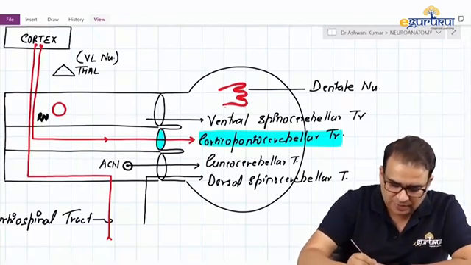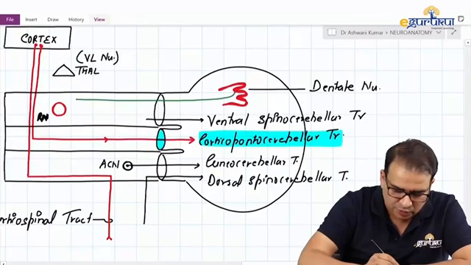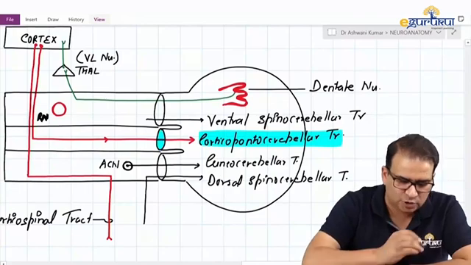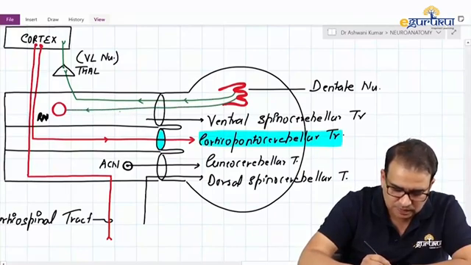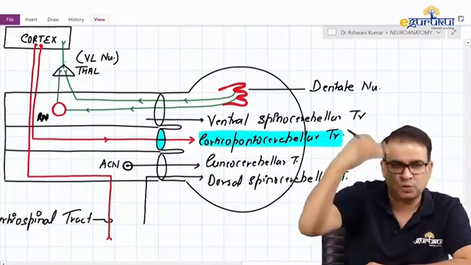So look, fibers coming from the dentate nucleus, some will go directly to the thalamus like this, will relay in the VL nucleus, and obviously then fibers will extend into the cortex. That's one type of feedback. The other type of feedback is fibers will come here to the red nucleus, and from the red nucleus we have fibers extending into the thalamus, and the same story again.